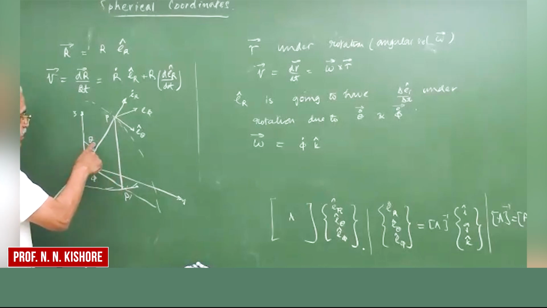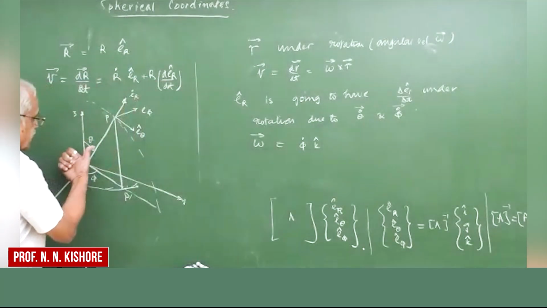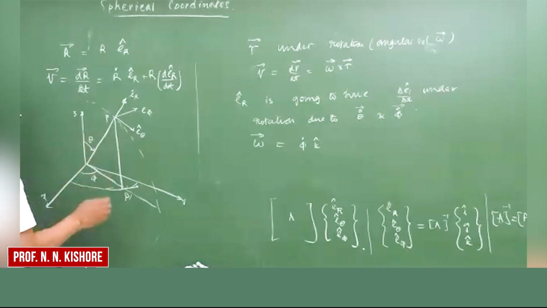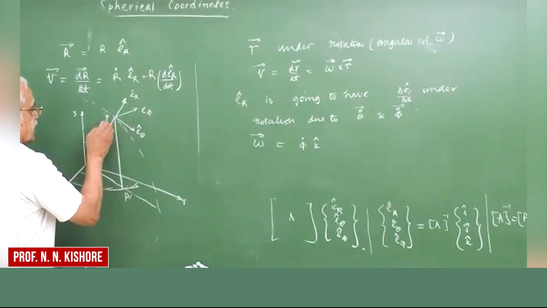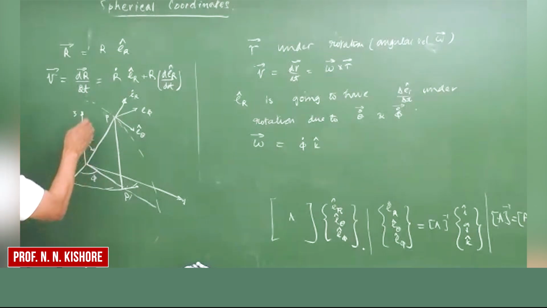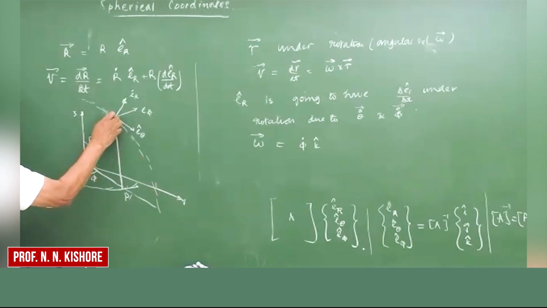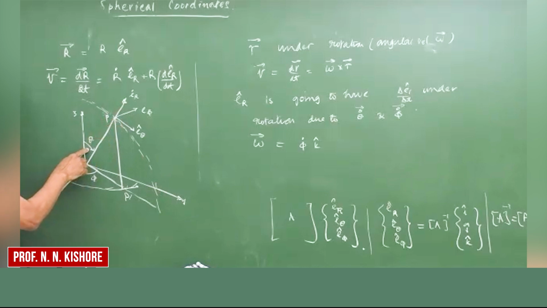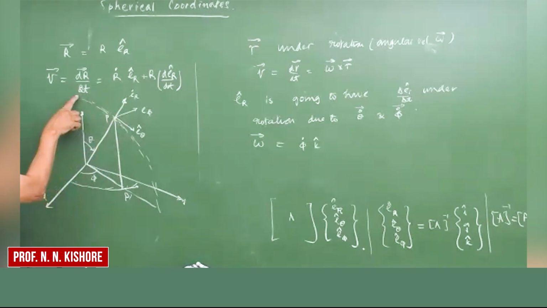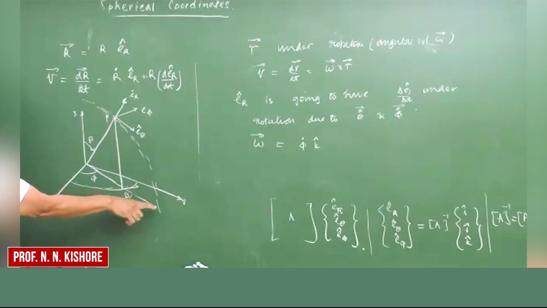On the other hand, we also have a velocity due to theta changing, so theta dot. If theta is increasing like this, imagine that this particle P is moving such that only theta is going to change. So phi is constant, but theta is going to change. That means P is going to move in a vertical plane.